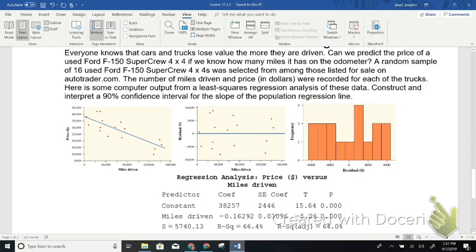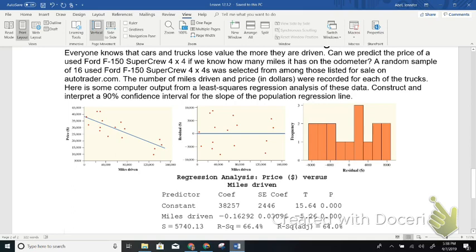That all holds true here as well. Let's look at an example to go through our four-step process, our state, plan, do, conclude, for our confidence interval. So here we have a regression line related to the miles that are on a vehicle and its worth. And we see that it has this negative slope.